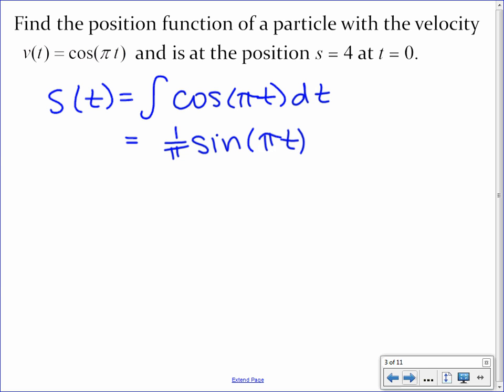Because when we take the derivative to get back to here, we have to multiply by that. But we have this plus c. How do we find the plus c?